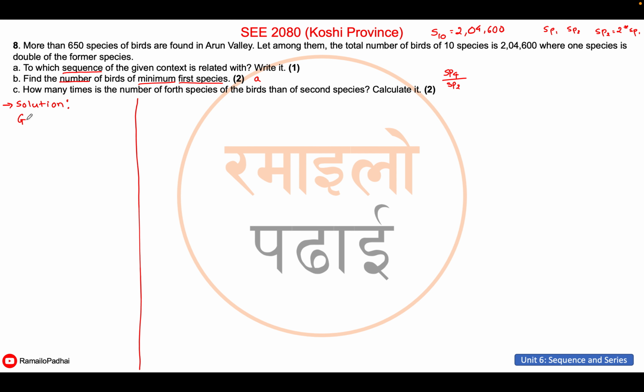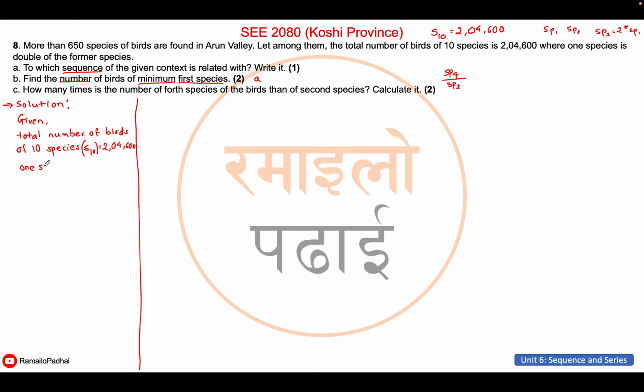Solution, given: total number of birds of 10 species, that is S10 is equal to 2,04,600.